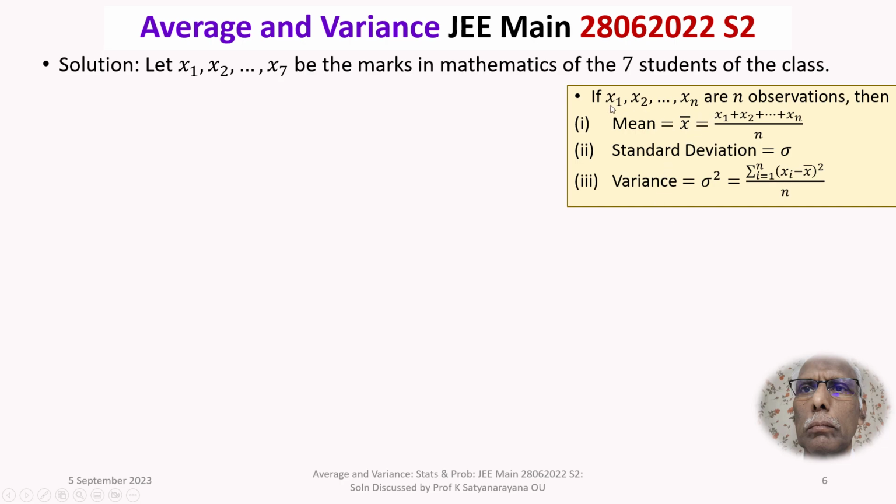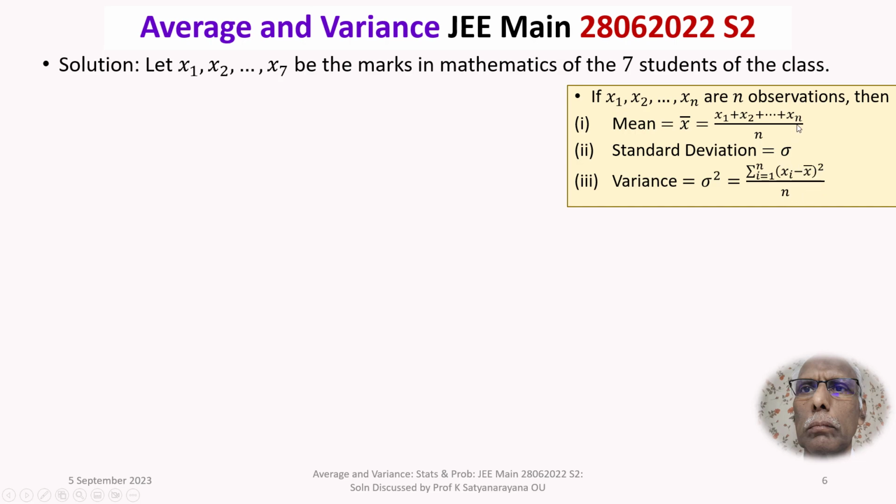If you have x1, x2, ..., xn, or n observations, then the mean is denoted by x bar, equal to sigma xi by n. The standard deviation is denoted by sigma and the variance is given by sigma square, and that is given by sigma i equal to 1 to n, (xi minus x bar) whole square, by n.